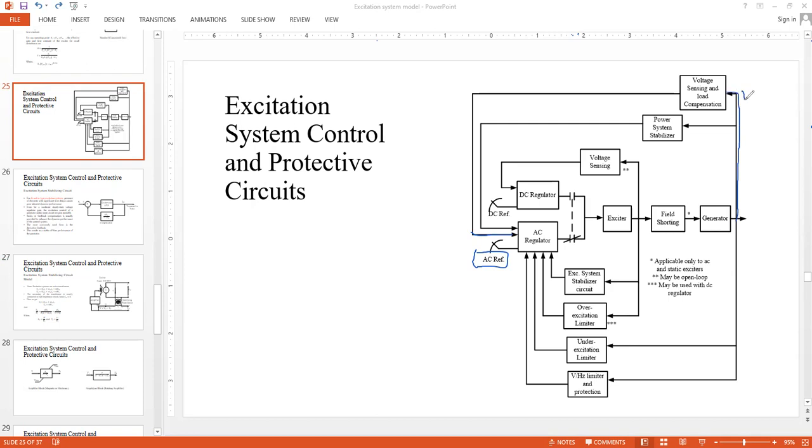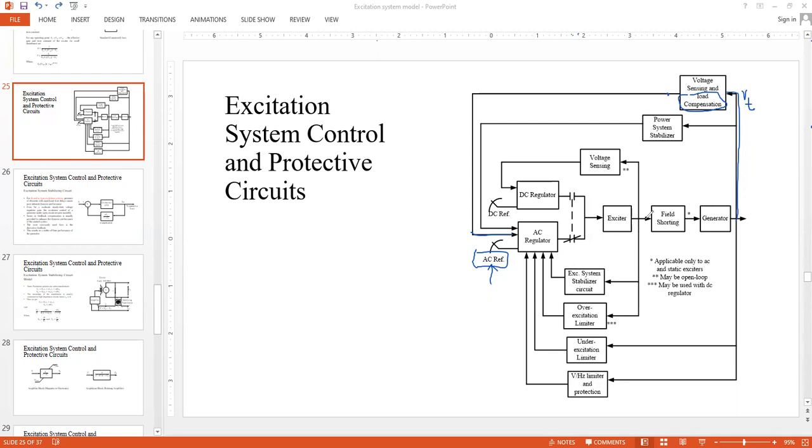If this is our actual three-phase terminal voltage Vt, it would be sensed and passed through the load compensator, and the output of that would be taken here. And that would be compared with some reference value. So whenever the output of this block is different from the reference, that would be treated as some error to this regulator block, which is represented simply as an amplifier. So this is the error we are talking about.